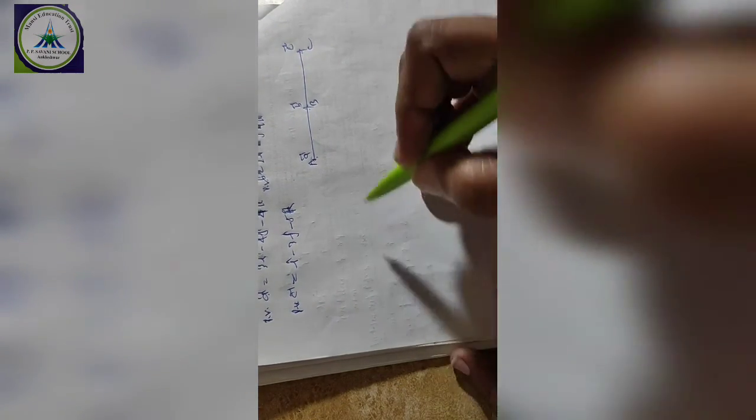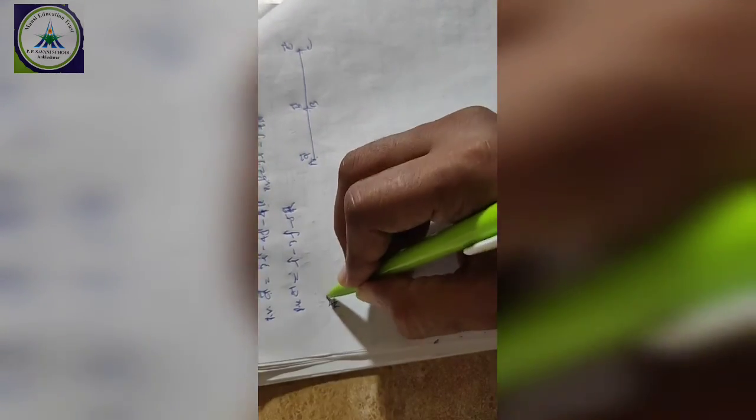The Pythagoras theorem applies to magnitudes, that is lengths, not vector form. So first find vector AB.